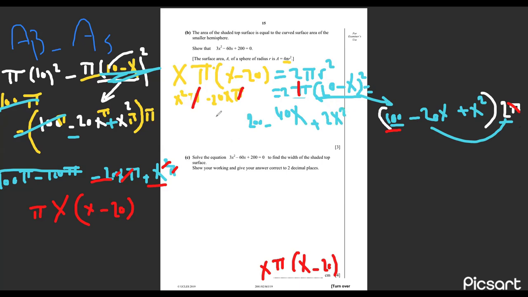Remember, we have another side, which may seem equal but is not. Here we have x squared and a minus 20x.